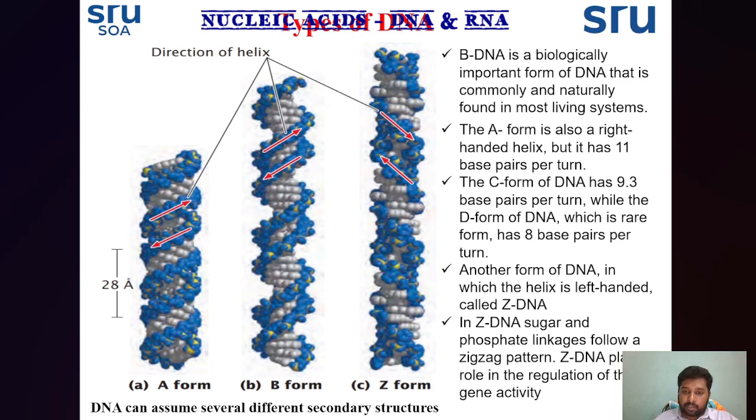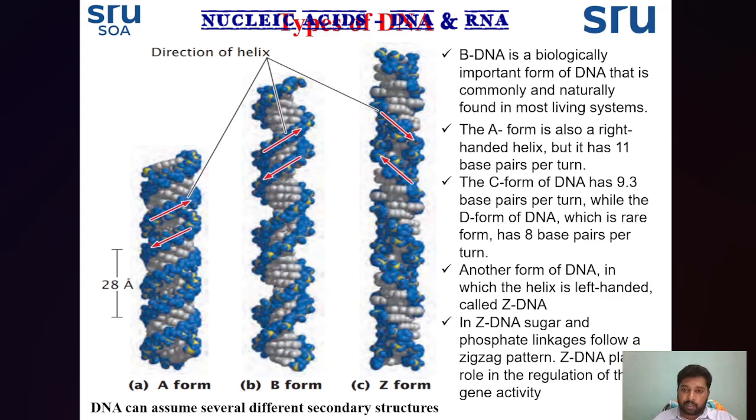This image clearly shows the turn and helix of the Z-DNA. This is the secondary structure of Z-DNA, and Z-DNA also plays a role in regulation of gene activity. The arrow marks show the direction of the helix.